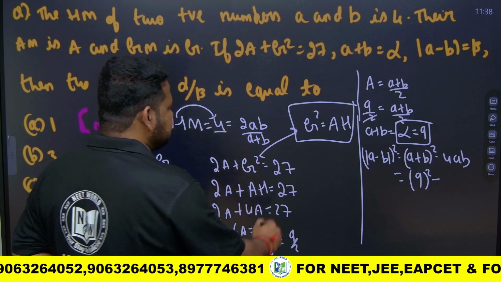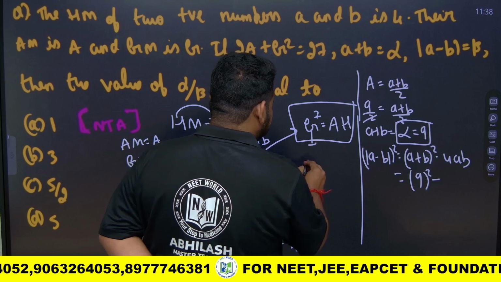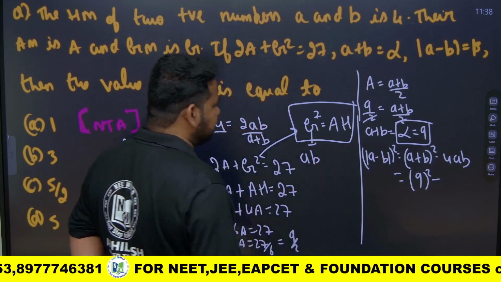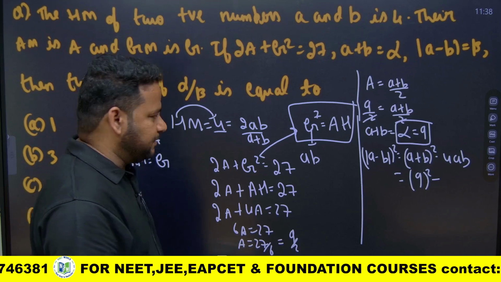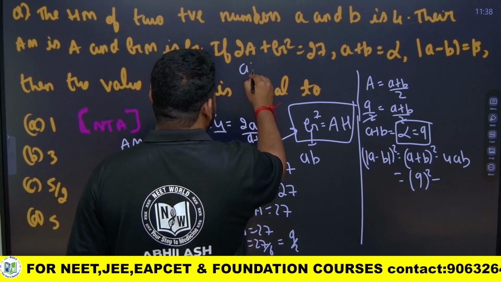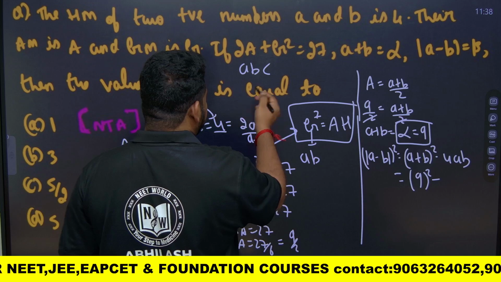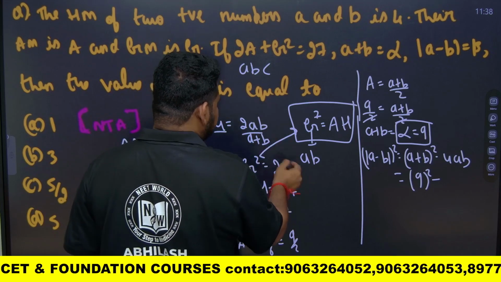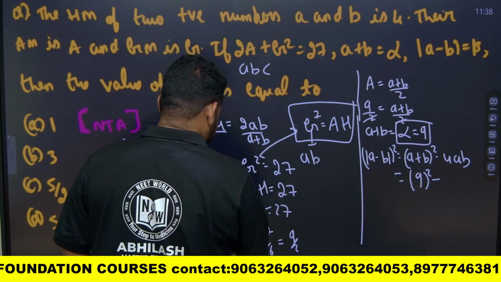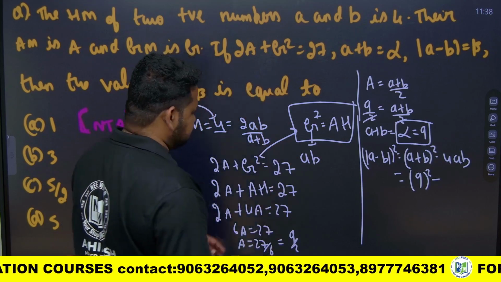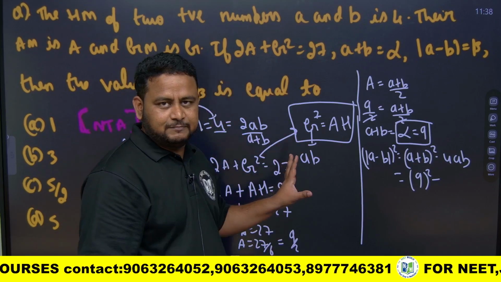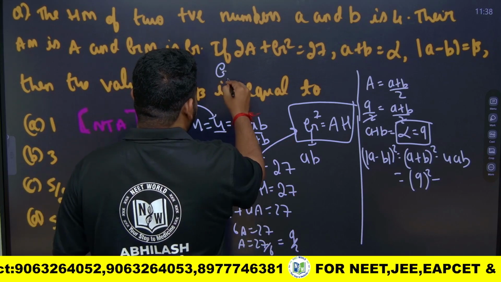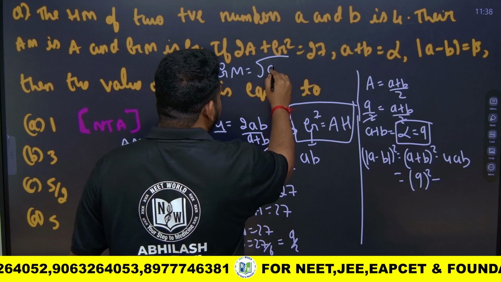So see here, friends, G square is there. Geometric mean G is given by the square root of AB.